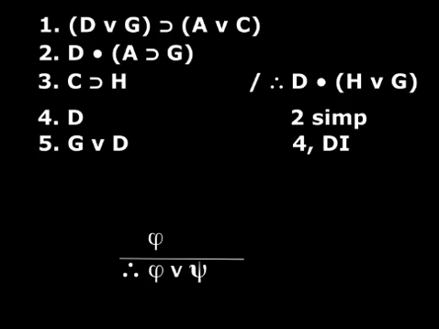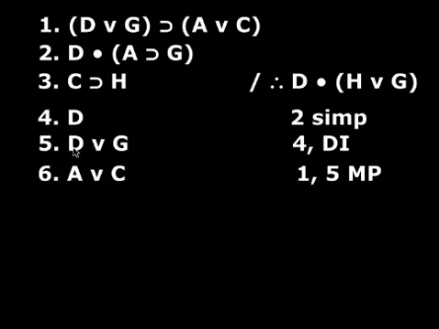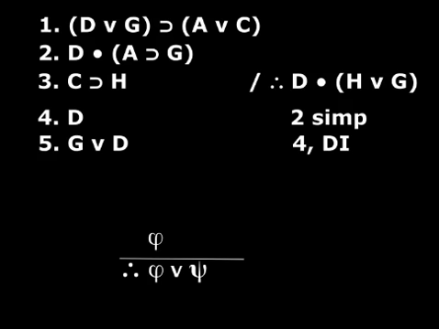Now, like I said, I could have said G or D, right? By the way, what do I mean by that? What I actually derived was D or G. Now, I'm backing up, and this is what I didn't do. I'm just showing you what I could have done but didn't.